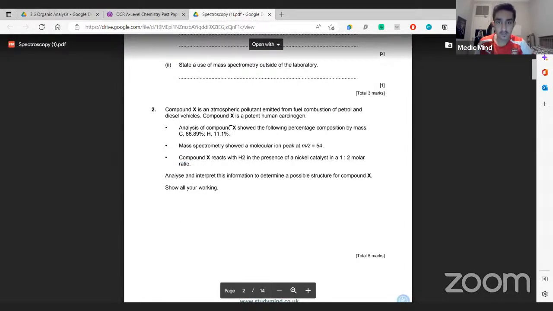It's an atmospheric pollutant, so highlight key information first. Fuel combustion of petrol and diesel. Compound X, and I've been given percentages, an M plus peak, and a 1 to 2 molar ratio with hydrogen and a nickel catalyst. So let's see what they're trying to lead me down first.